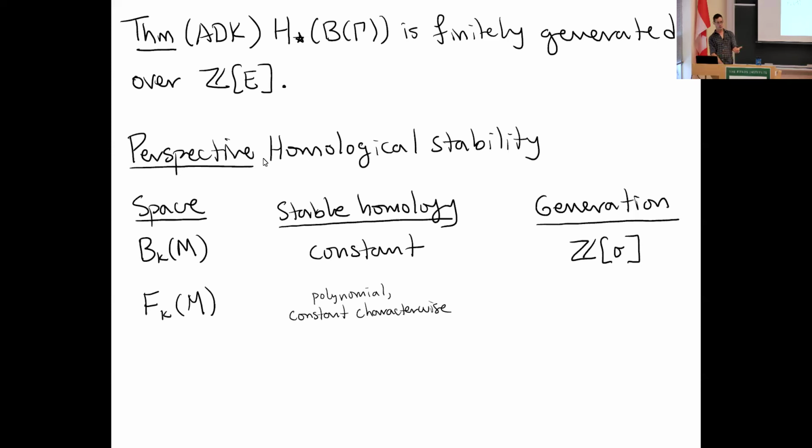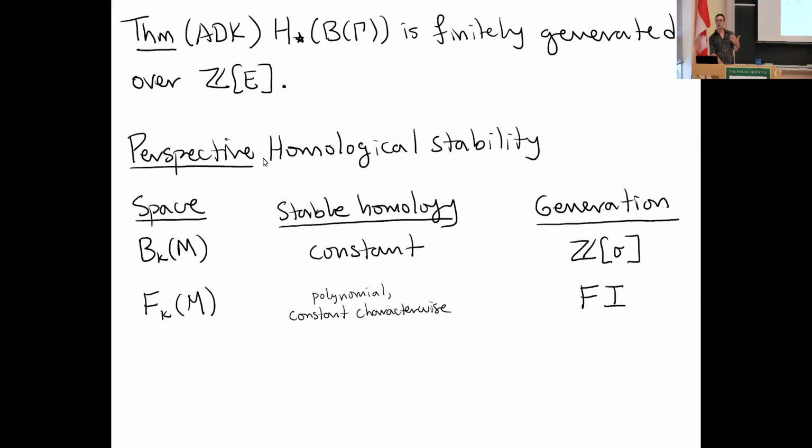For ordered configuration spaces, the asymptotics of the Betti numbers are that they are eventually polynomial, or if we think of them as representations of the symmetric groups, and we work rationally, they are eventually constant, one character at a time, one irreducible representation of the symmetric group at a time. That's the theory of representation stability of Church, Ellenberg, and Farb. And that is equivalent to finite generation over the category FI of finite sets and injections.